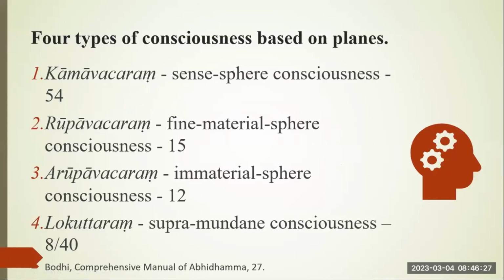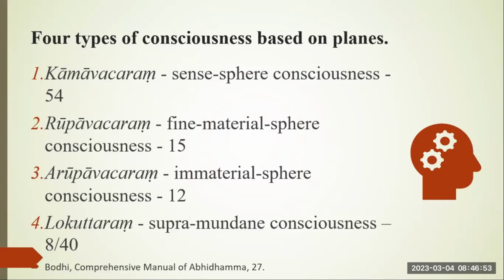Then shall we move on to the four types of consciousness. In Abhidhammattha-saṅgaha, as well as in Dhammadharanī, our mind is classified into four classes. First, I will tell them in Pali.